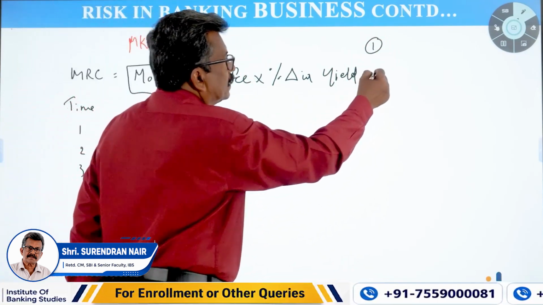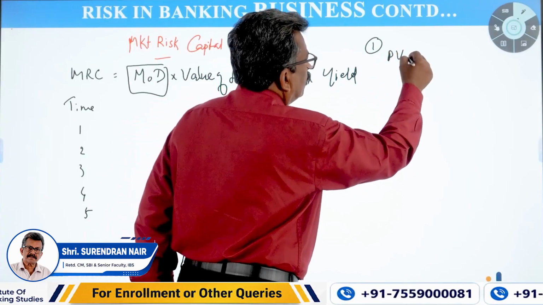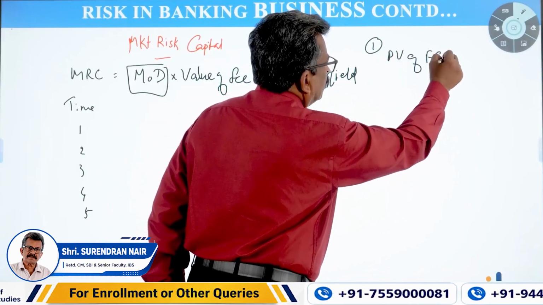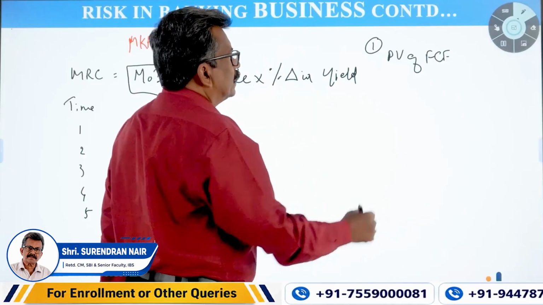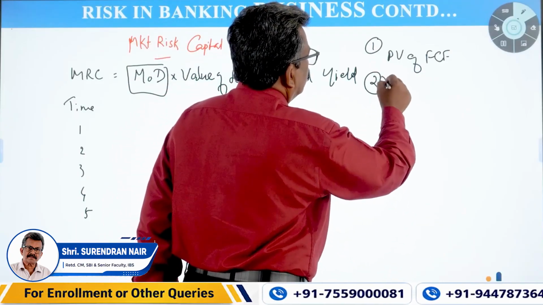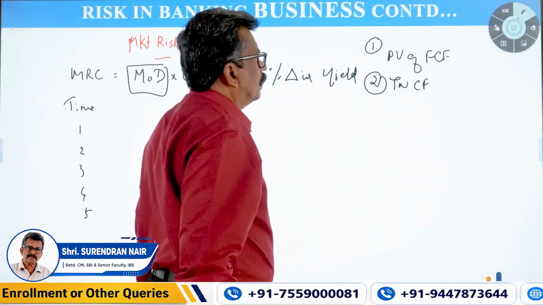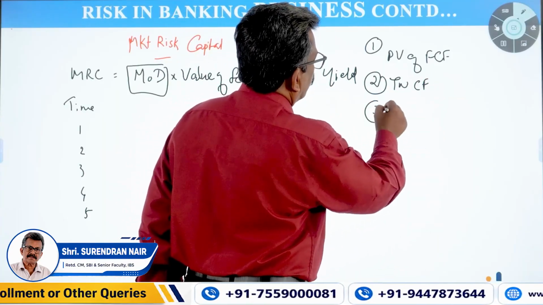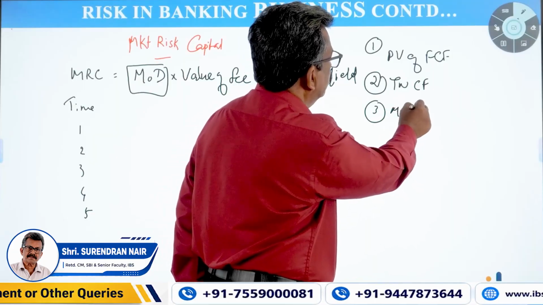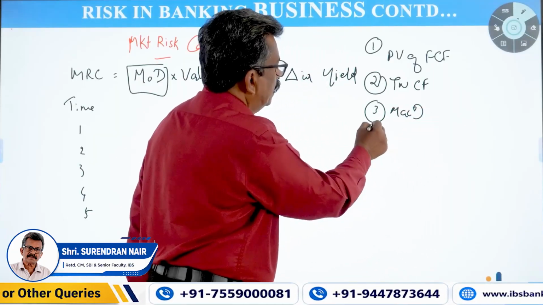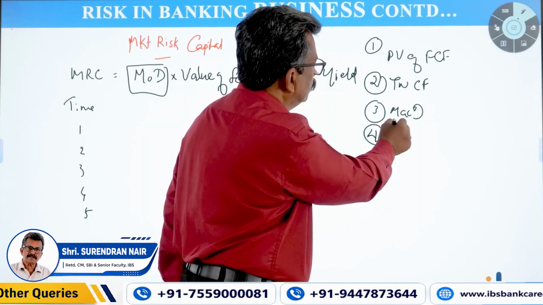The 5 steps: first, present value of future cash flow. Then we need to find the time weighted cash flow. Then we calculate MAC duration. Then modified duration.